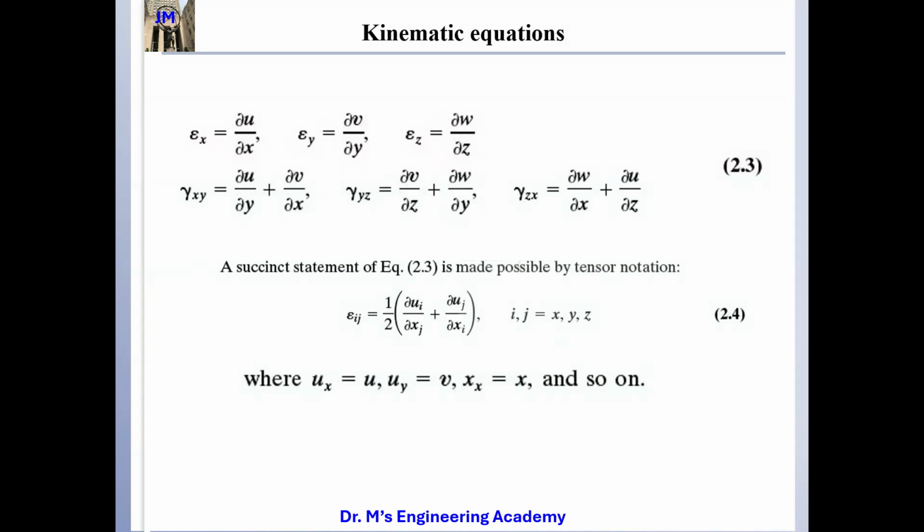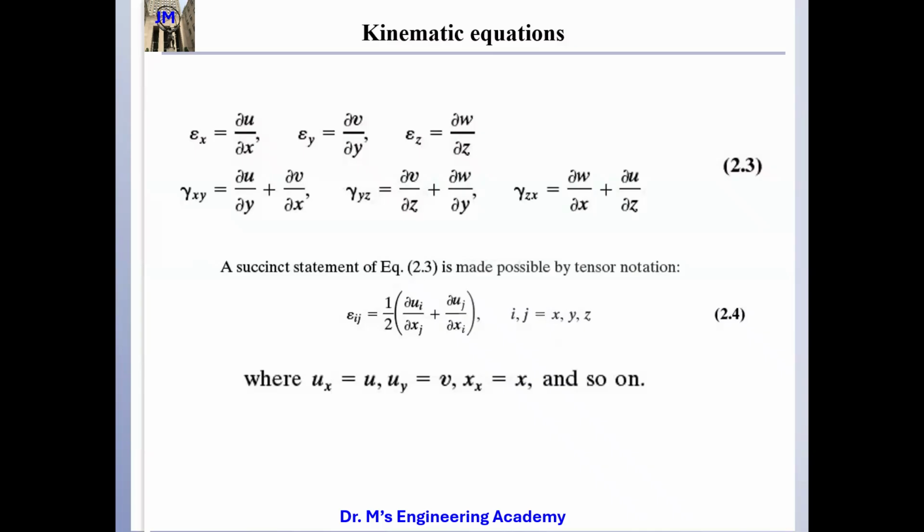Right? And then we have this gamma. The gamma is the engineering shear strain. So we have shear strain here. This is the epsilon ij. If i and j are different, this is a shear strain, and the tensor shear strain equals half of the engineering shear strain.